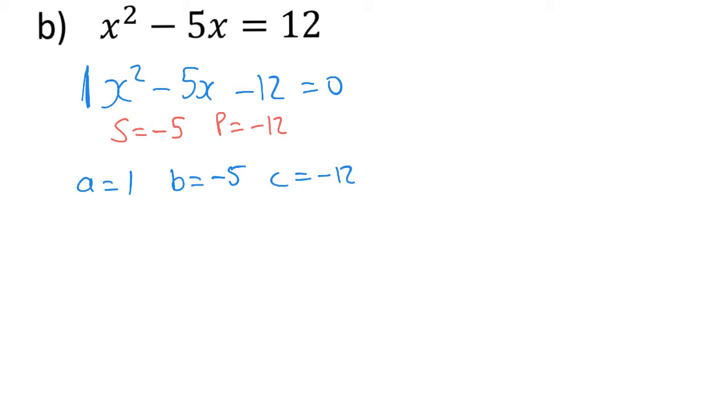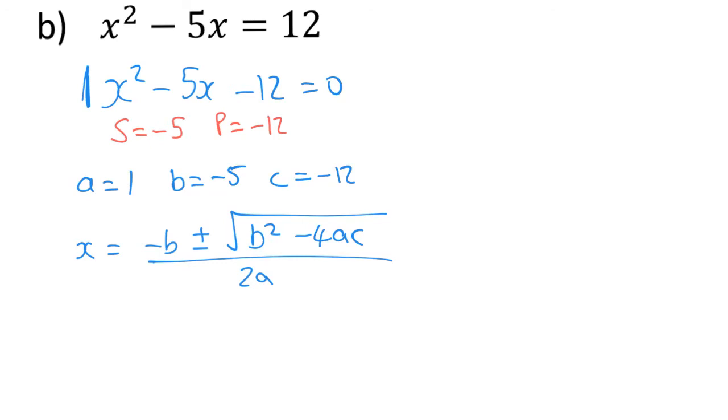The quadratic formula is x equals minus b plus or minus the square root of b squared minus 4ac all over 2a. So substituting in our values, we get x equals positive 5. Because it's minus b and b was equal to minus 5, minus b must equal positive 5.